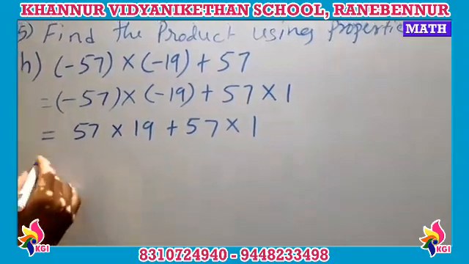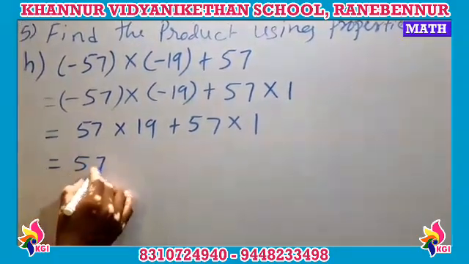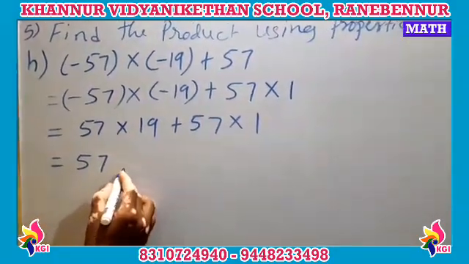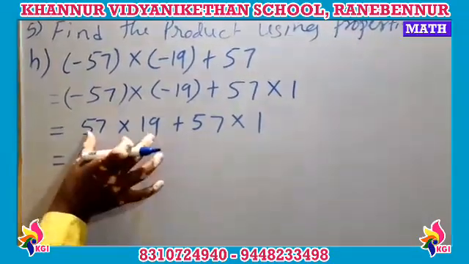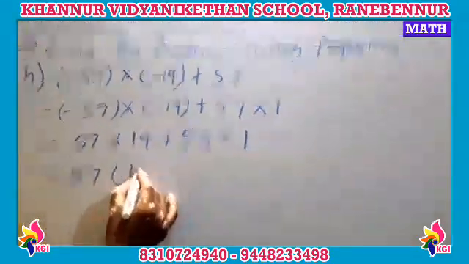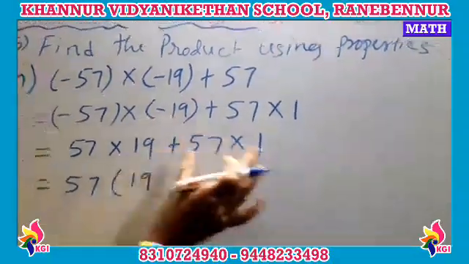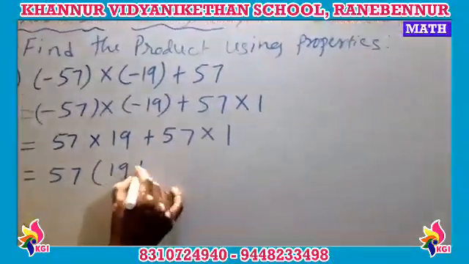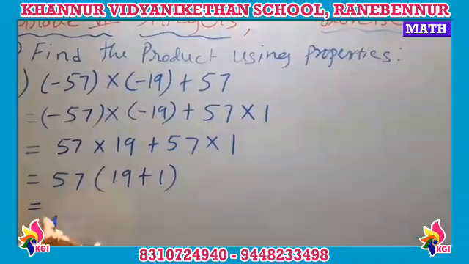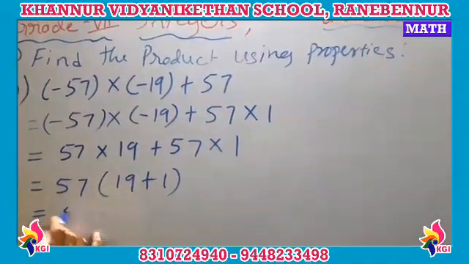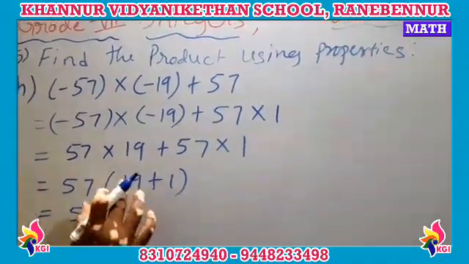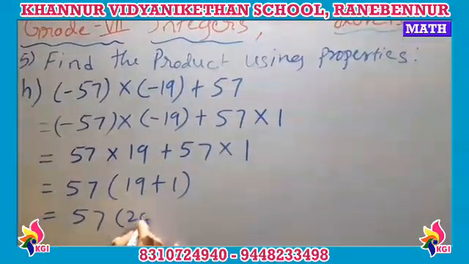So the next, here I want to take 57 as common. Then what do I remain with on the left hand side? I remain with 19. Then on this side it is plus 1. So the next, I can mention it as 57 and 19 plus 1 is 20.